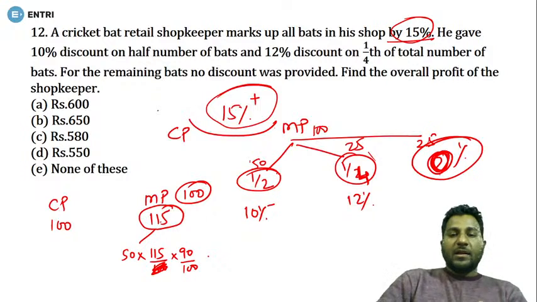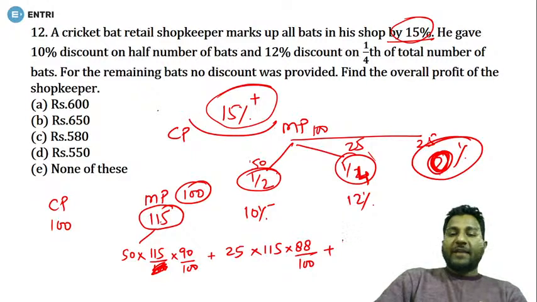Selling price. And the 25 bats we have sold at 12% discount. That means 580. Okay, let me check. Yes, absolutely correct. But it took a really long time. So it will be 88%.